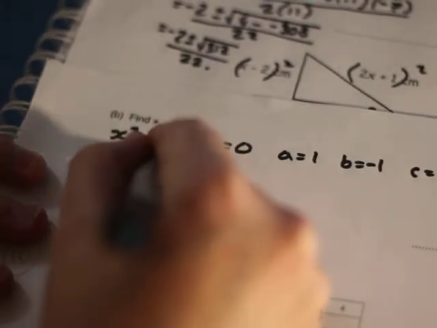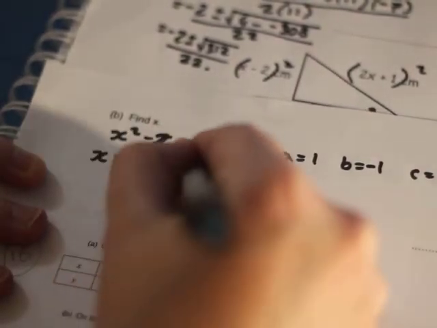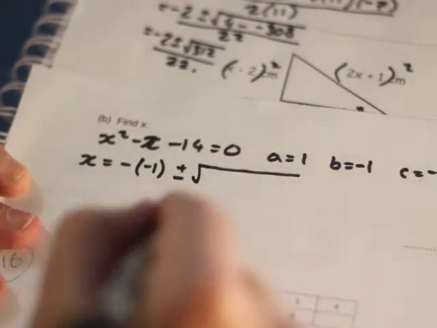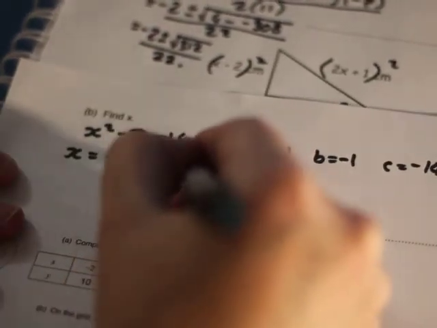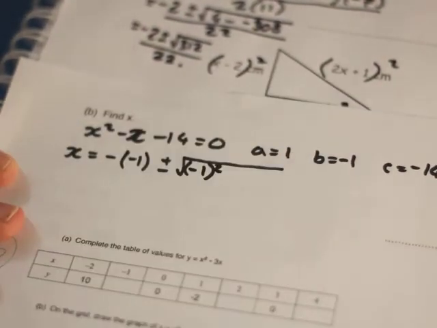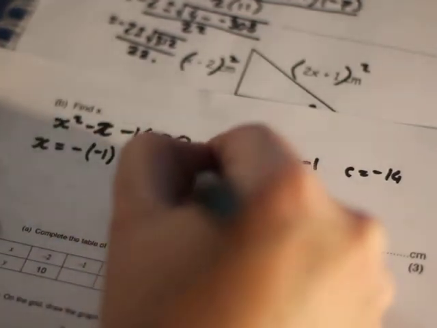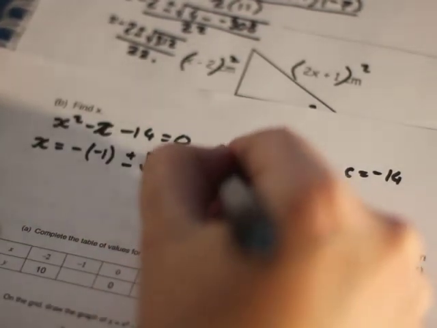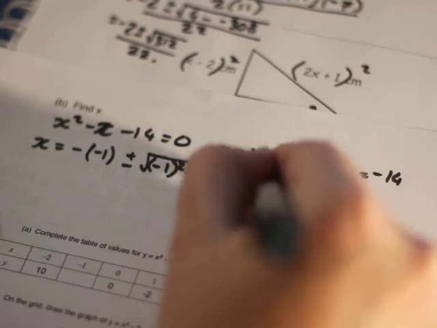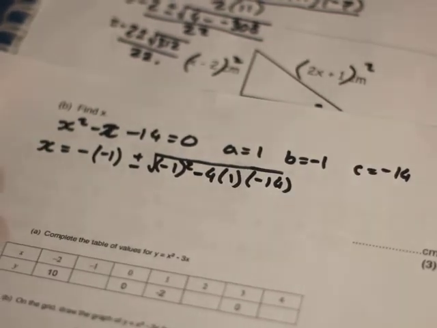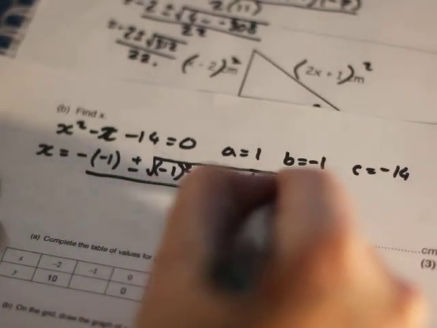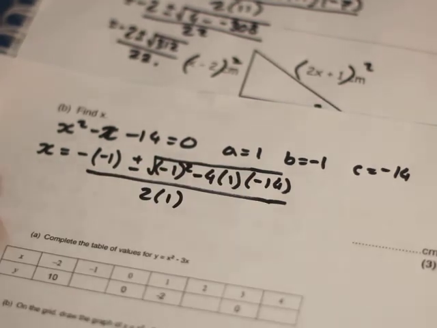So x equals minus b, and minus 1, plus or minus the square root of b squared, negative 1 squared, minus 4ac, all over 2a.